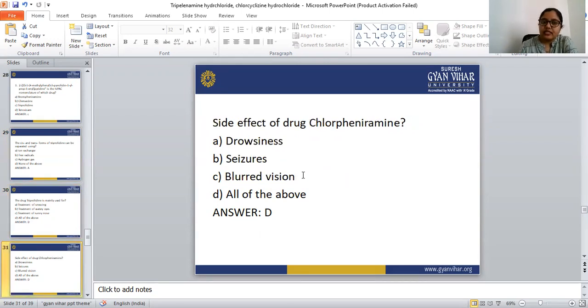Next question is the side effect of the drug chlorpheniramine, CPM, chlorpheniramine maleate. The side effect of this antihistaminic drug is drowsiness, seizures, blurred vision, or all of the above. So the answer is all of the above.